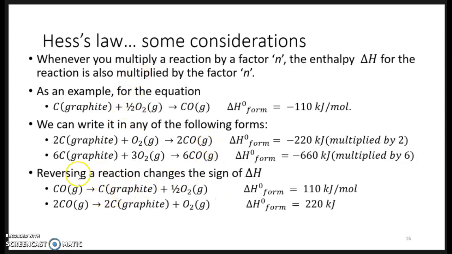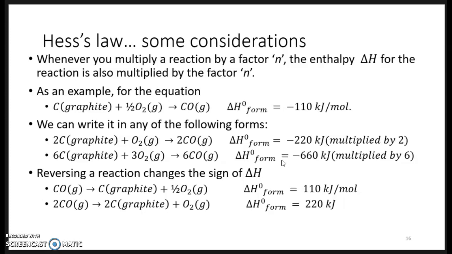Then, reversing a reaction changes the sign of delta H, and that's because it is a state function. So we have C plus half O2 going to CO, and the delta H is minus 110. If we move from CO back to C plus half O2, this is delta H, not delta H of formation, please.